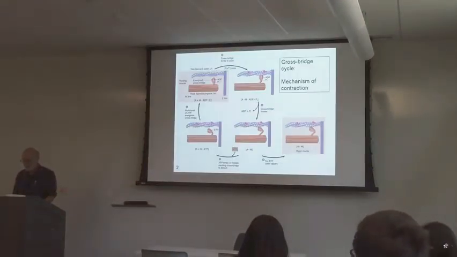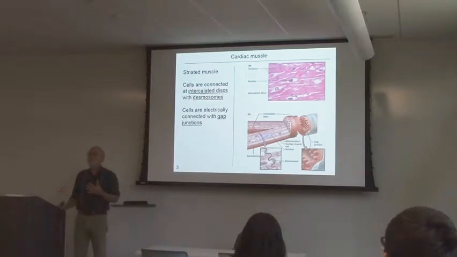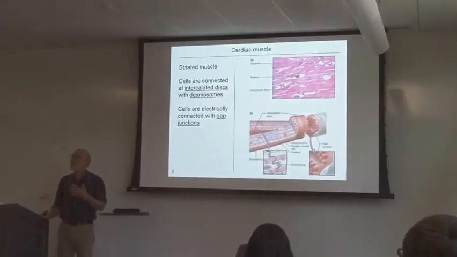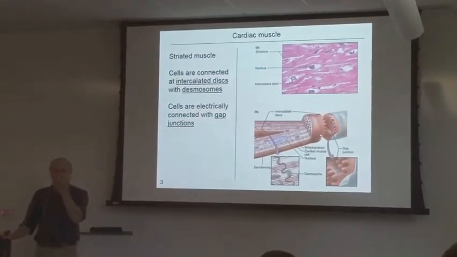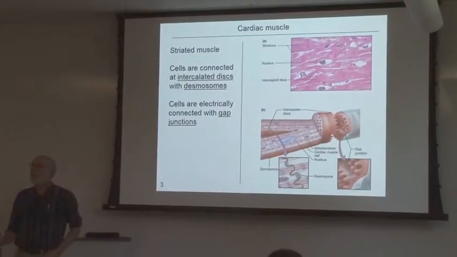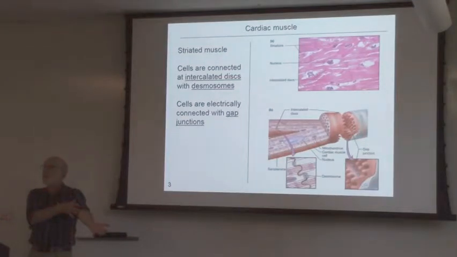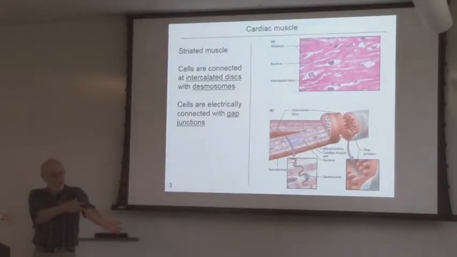So skeletal muscle has that mechanism of contraction that I just talked about. The cells of skeletal muscle are interesting because they are huge. One skeletal muscle fiber, one skeletal muscle cell in my biceps can be inches long.